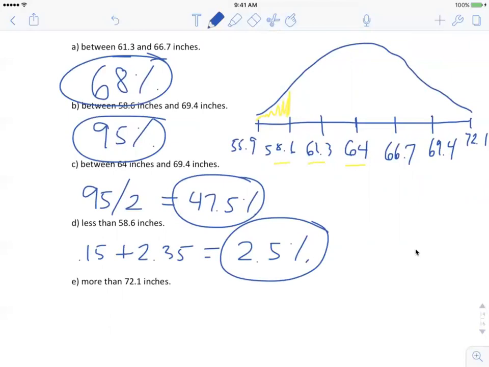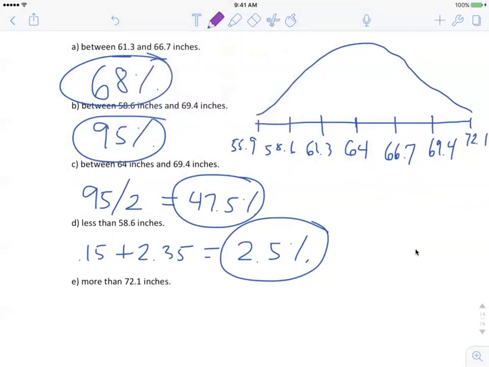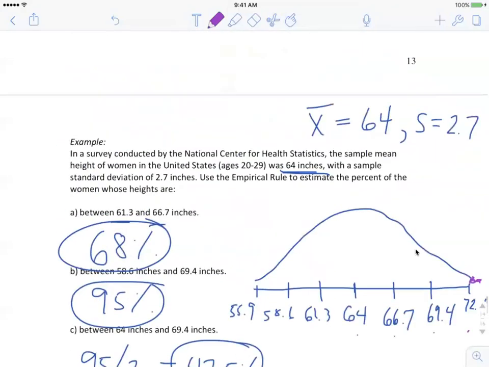And then finally, the last one: more than 72.1. Oh no, I just erased my graph. More than 72.1, that's really in that little tiny area over there. 72.1 is 1, 2, 3 standard deviations above the mean.